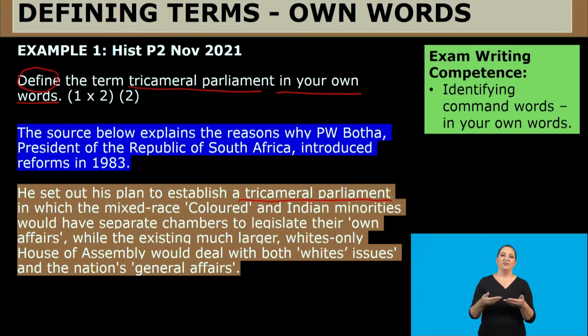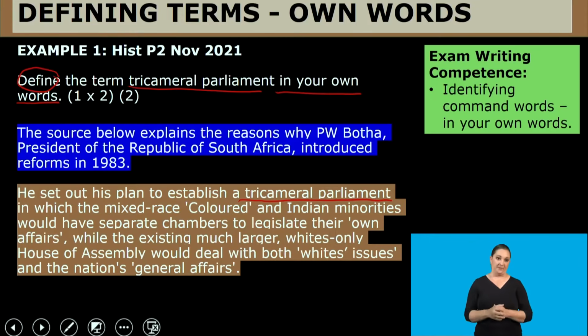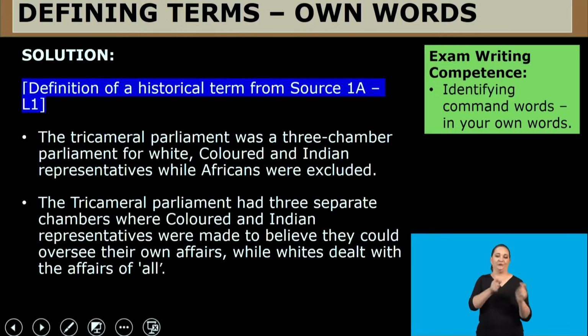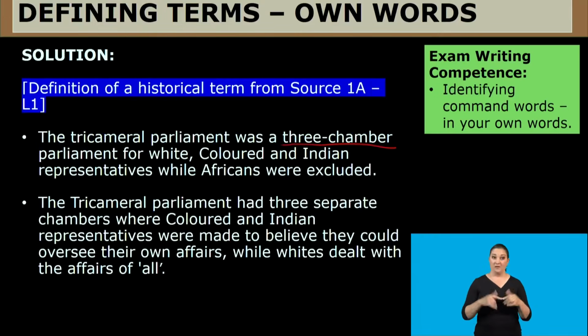So the definition is already there in the source, but then you have to try and define it in your own words. So the solution to this question is that the tricameral parliament was a three-chamber parliament for white, colored, and Indian representatives, while Africans were excluded.